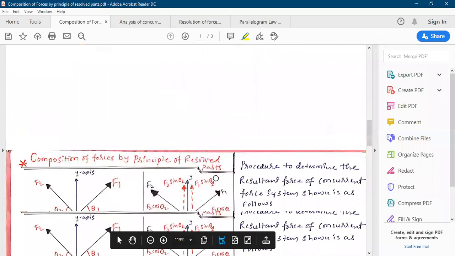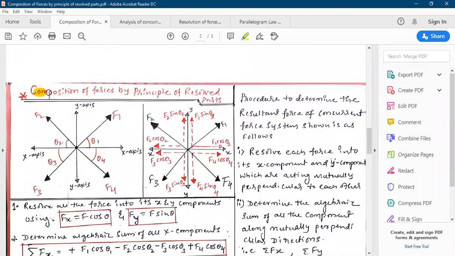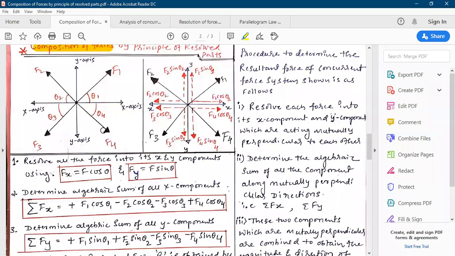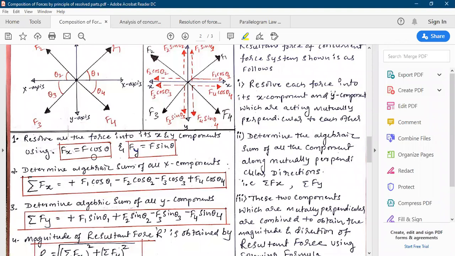So using that, we can determine the composition of forces, that is, identifying the magnitude of the resultant when a number of forces are acting, like f1, f2, f3, f4, with angles of inclination theta 1, theta 2, theta 3 and theta 4 with respect to the x-axis. So what is the first step to determine the resultant force?